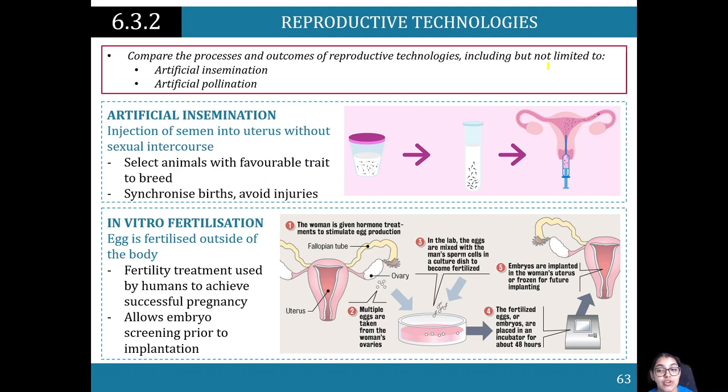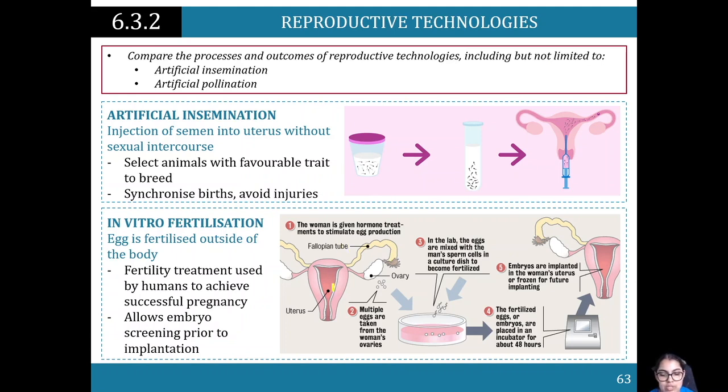We then have in vitro fertilization. In vitro fertilization, IVF, is when the egg is fertilized outside of the body. This is a fertility treatment used by humans to achieve successful pregnancy, and it also allows for embryo screening to occur. The process is that a woman is given hormone treatments to stimulate the production of eggs.